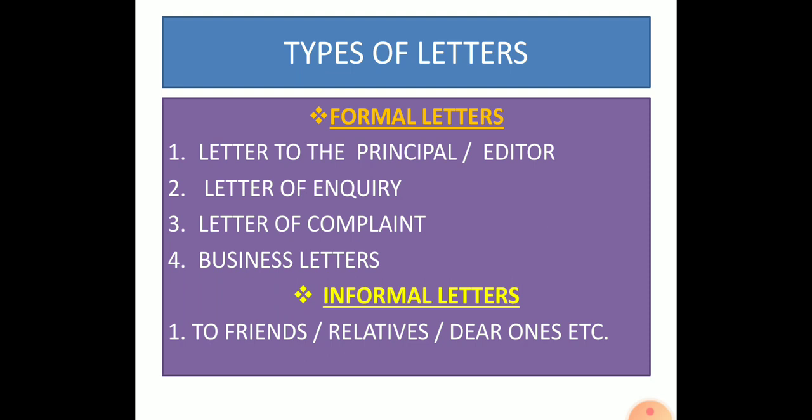First feature, a formal letter always sticks to the point. You will always write your issue. You will not write things like, how are you? I am fine. Hope you are also fine. Come and meet me. These things will not work there. In formal letters, you will stick to the word limits and you will write to the point.